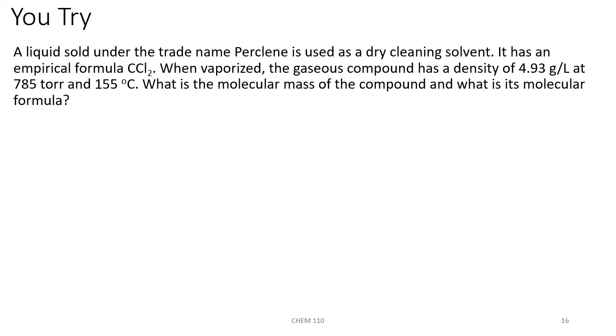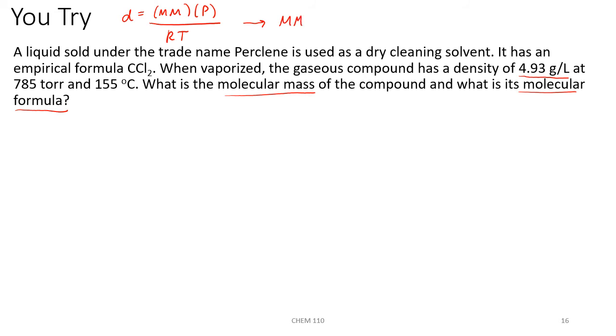So we know the density of our compound this time, and if we're going to figure out the molecular mass and our true molecular formula, we're going to have to take our formula for density, which is density equals molar mass times pressure divided by R times T, and we can rearrange it in order to find our molar mass.